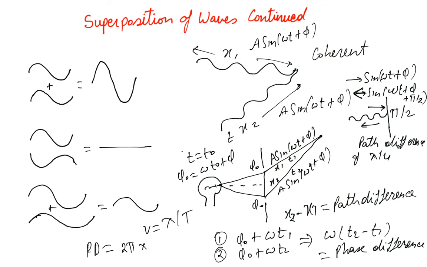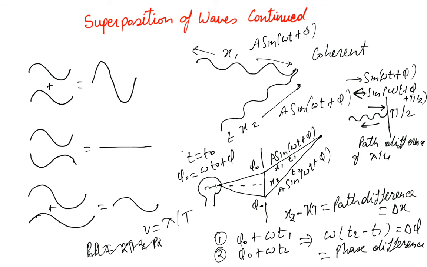Actually, I should write ph for phase and pa for path difference, but that doesn't really look nice as variables, so let's call this delta x, and let's call this delta phi, right?